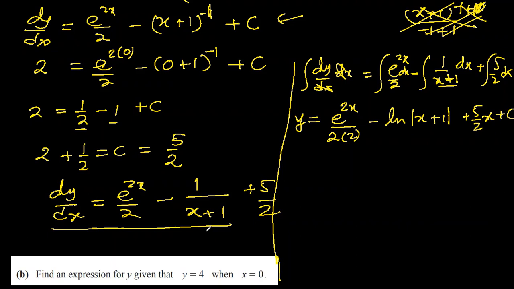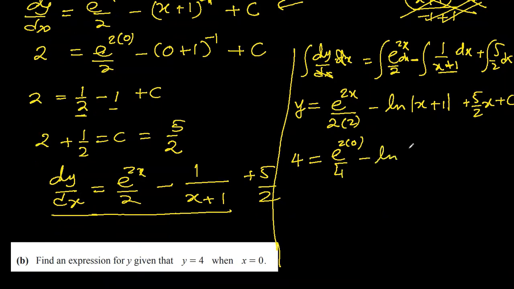Now to find c, they have given information y equal to 4 when x is equal to 0. E to the power 2 times 0 over 4 minus ln 0 plus 1 plus 5 over 2 times 0 plus c. Okay, e to the power 0 is 1.